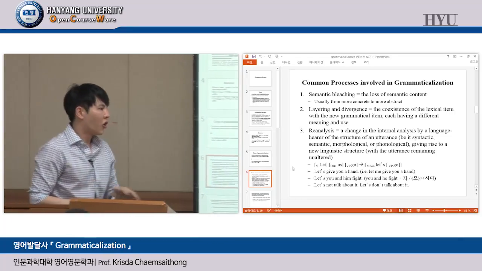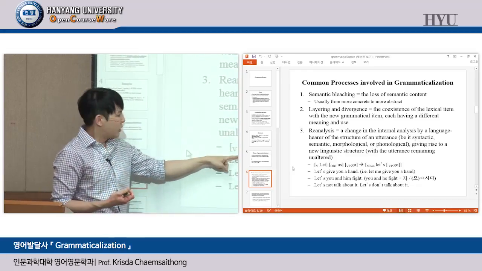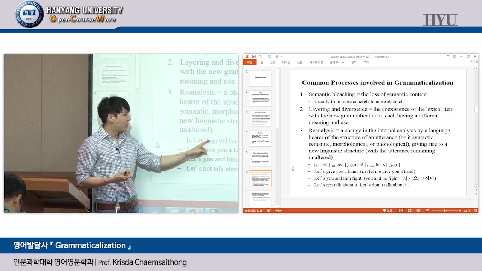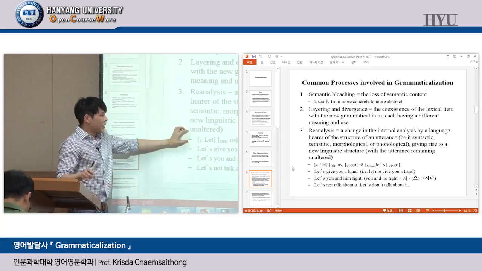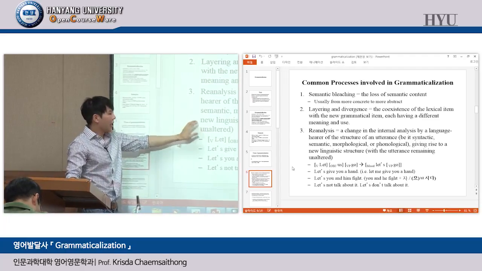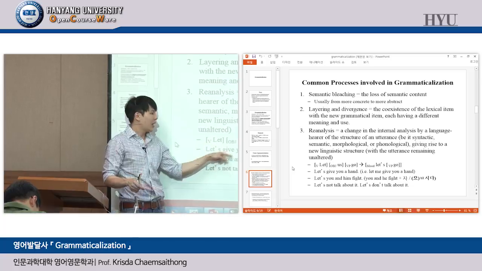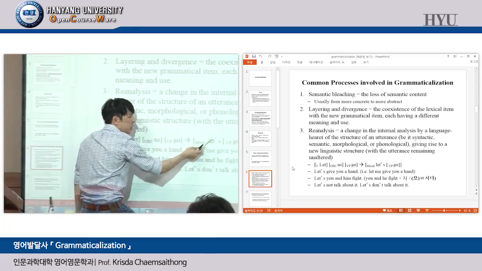Let used to be a full verb. You see here, I say verb. Us is the object. Go is a different verb, right? So this is what it used to be. Let is a verb, us is the object of let, and go is another verb. However, now we have let's go.